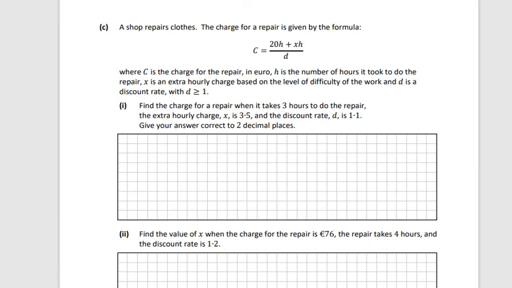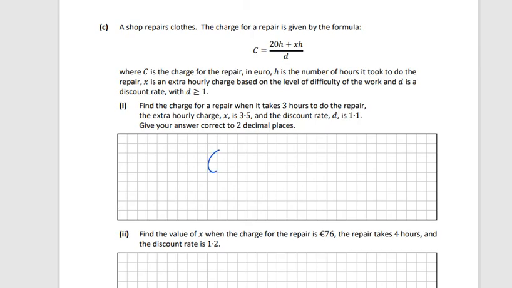The shop repair is closed. The charge for repair is given by the formula. C is the charge for the repair. H is the number of hours it took. Find the charge for repair when it takes 3 hours to do a repair. The hourly charge X is 3.5 and the discount rate is 1.1.